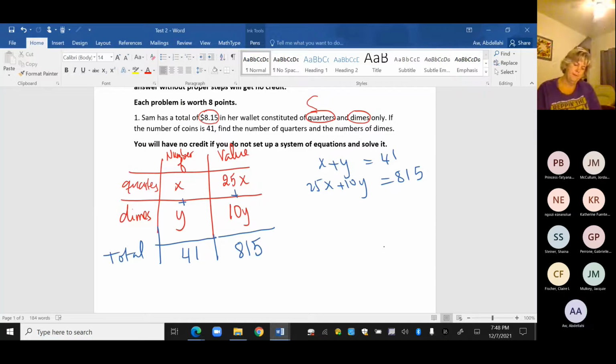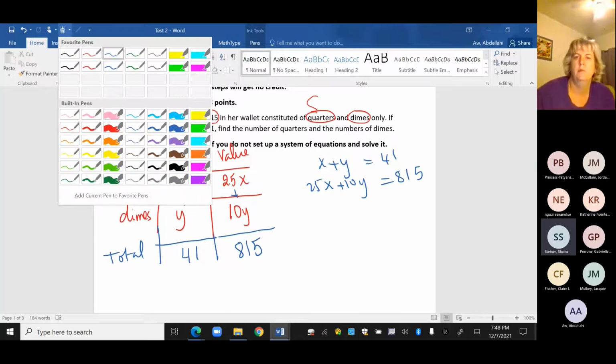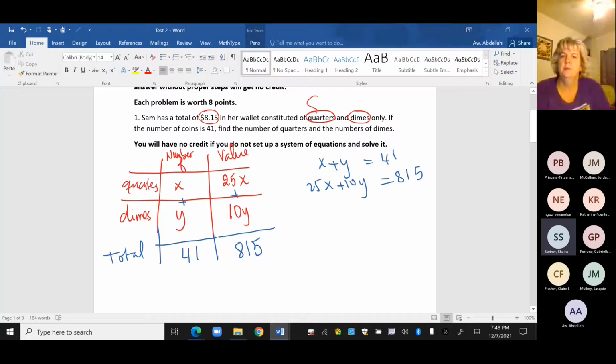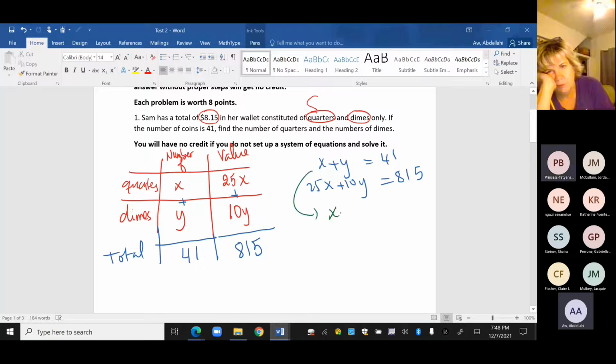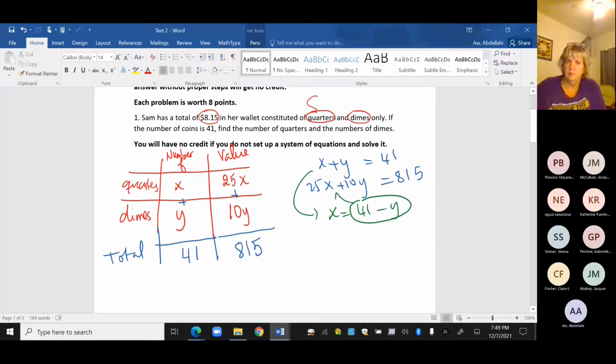So what method do you want to use here? Substitution, addition? Whatever's easiest. In this case, substitution works very well. The first one tells me X is 41 minus Y, right? And then we take this and put it right here. So we get 25 parentheses 41 minus Y plus 10Y equal to 815.